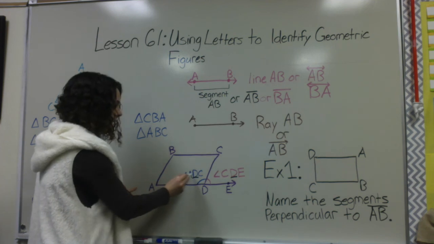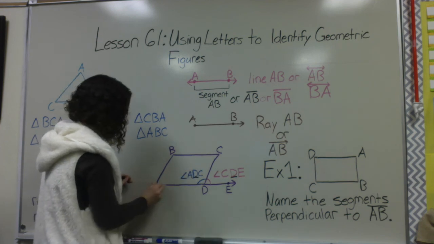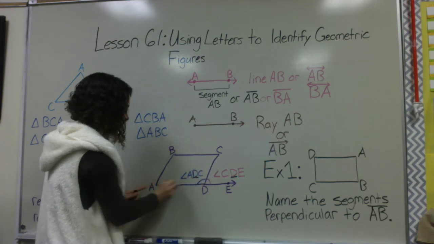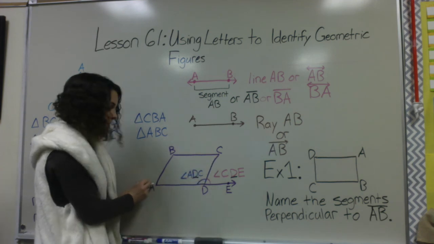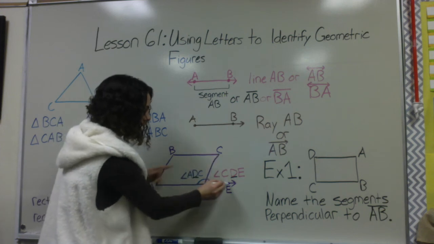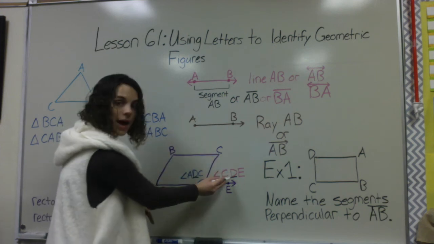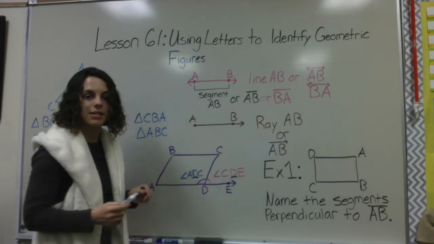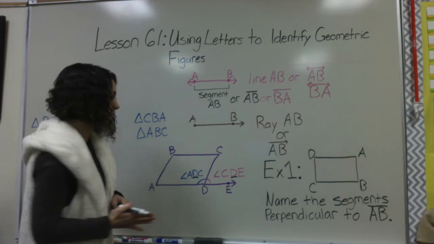So this says angle ADC, which means ADC. I know this is the obtuse angle. Or I could be looking at angle CDE, and I know this angle is a right angle. So both of these are different, which does make a difference whenever I'm talking about angles.